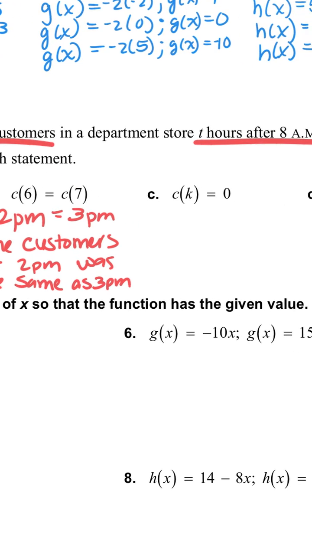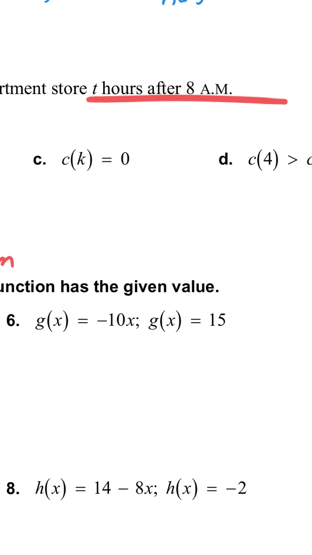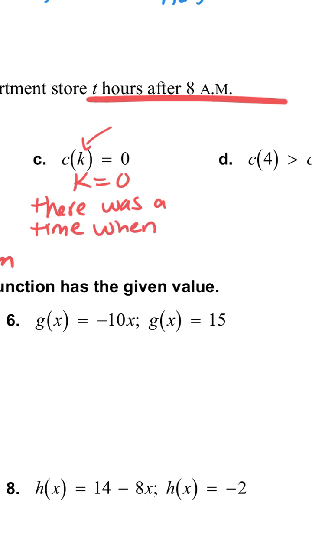And question C, we have c of k equals 0. All they're telling me here is that at a certain time, do we know what time? No, k is a variable, so we just know that it represents a time. So there were 0 customers, correct? So there was a time when there were no customers, correct?